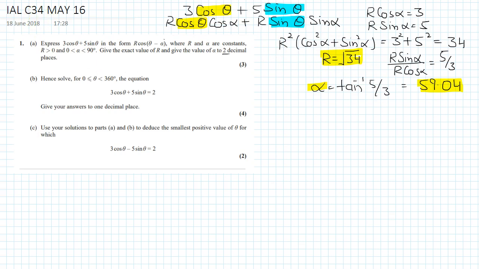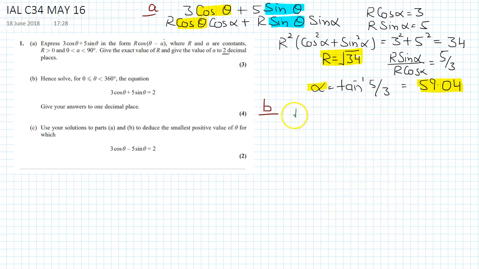This was part A. Now part B. Solve this equation: 3 cos theta plus 5 sin theta is equal to 2. 3 cos theta plus 5 sin theta is equal to R cos(theta minus alpha), so I can write this straight away.